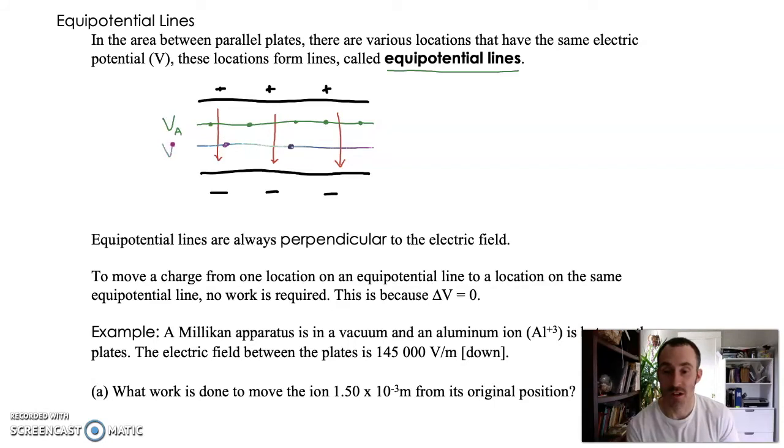So we can call this voltage B. It's not the same voltage as this one, because if you move a charge from here to here, you are changing its energy. But moving a charge from here to here does not change its energy. So these two lines have different voltages, but along each individual line, the voltage is going to be the same. So each of those lines is called an equipotential line, but they are not the same as each other.